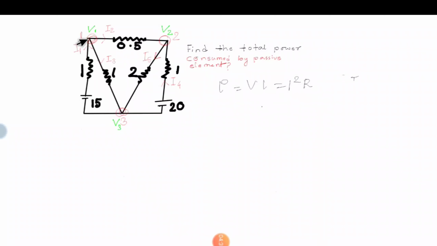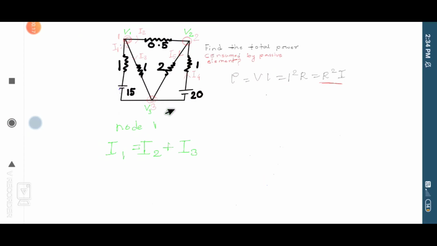Now for node number 1, using KCL we get I1 equals I2 plus I3. Now we will find I1, I2 and I3.